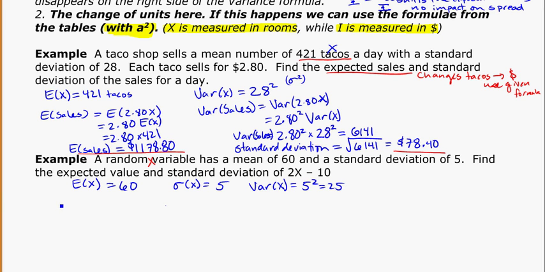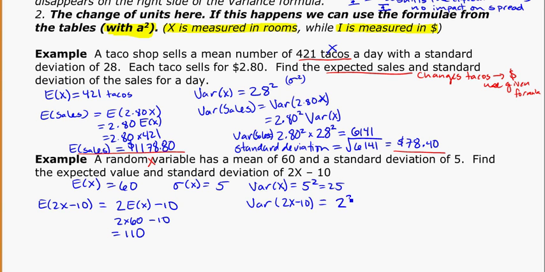Which is also 25. So if I want to find the expected value of 2x minus 10, that's going to be the same as saying 2 times the expected value of x minus 10, which is 2 times 60 minus 10, which is equal to 110. And for the variance of 2x minus 10, that's going to be equal to 2 squared times the variance of x.